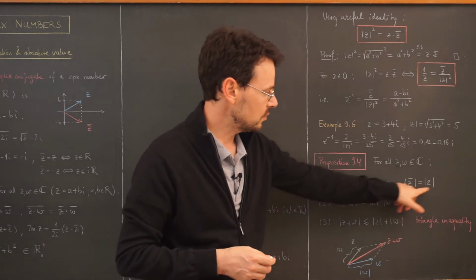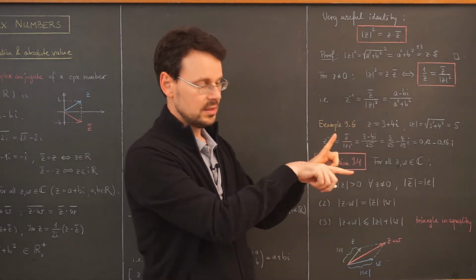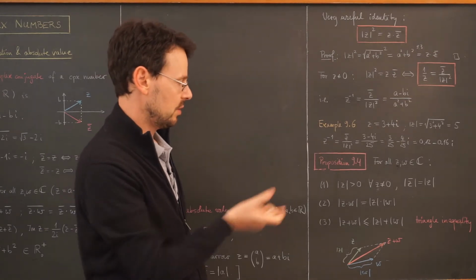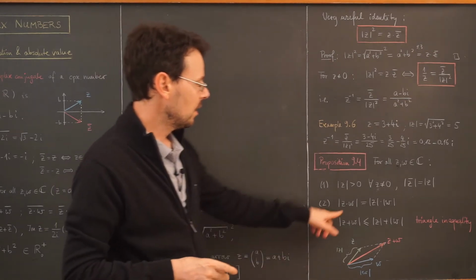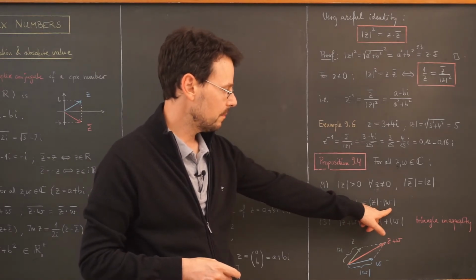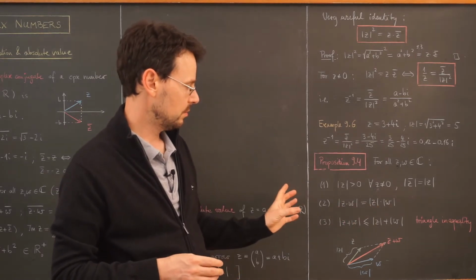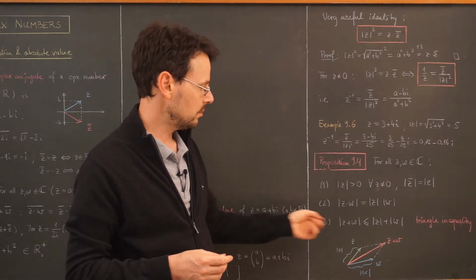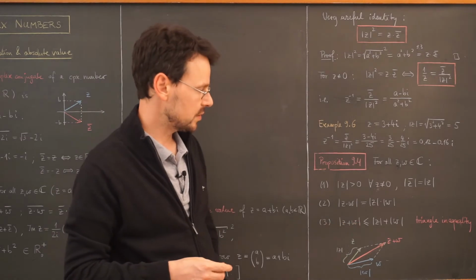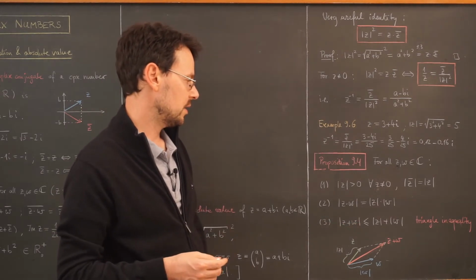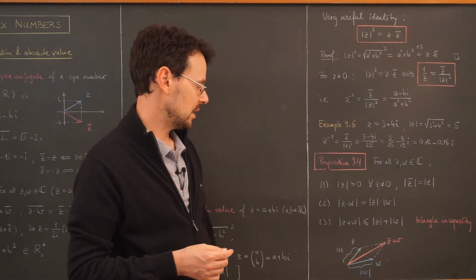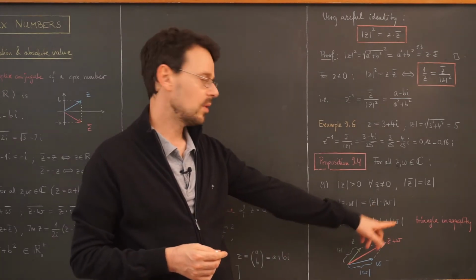Or you could use geometry. z and z bar have, of course, the same length because they are mirror images of each other. Then the absolute value is multiplicative. This is not totally trivial, but very, very useful in proofs. And one of the most important inequalities that every analyst uses 3 times a day is the triangle inequality.